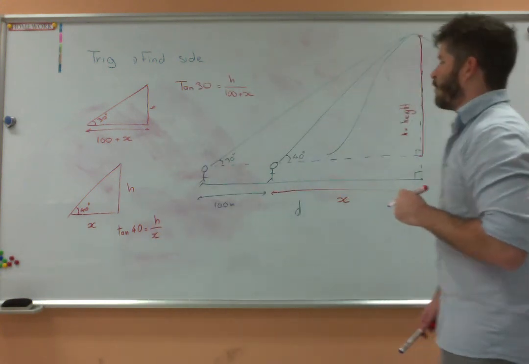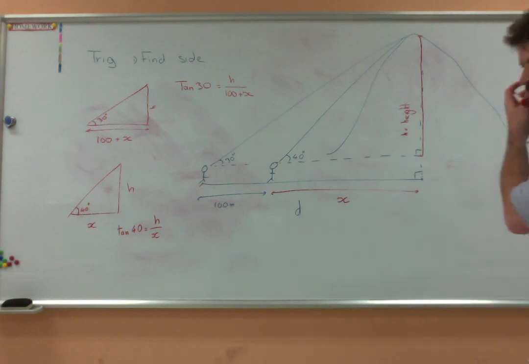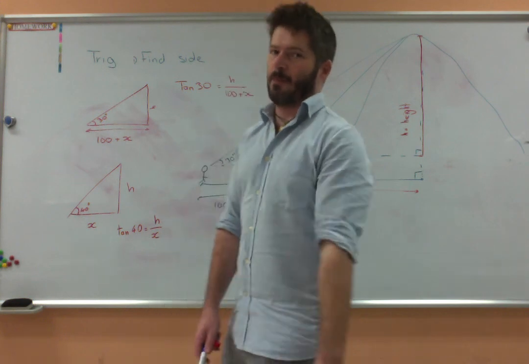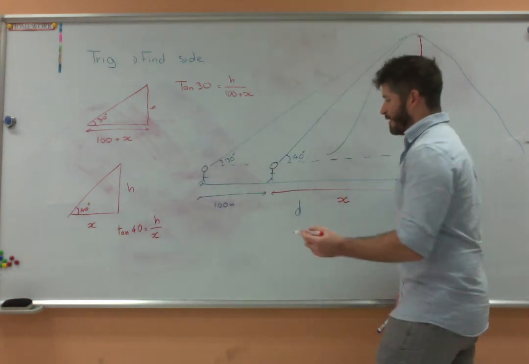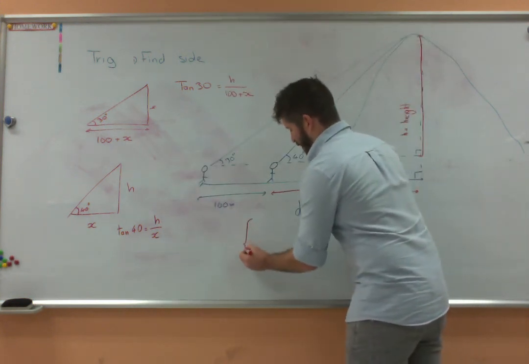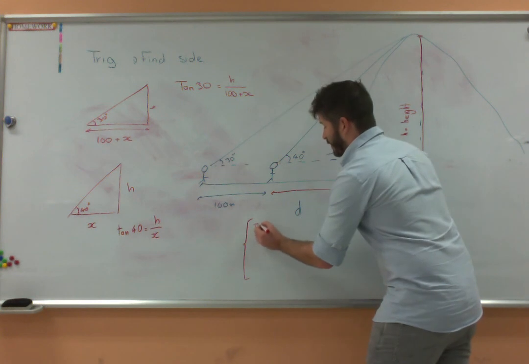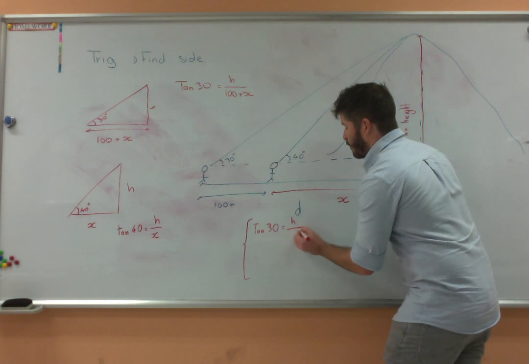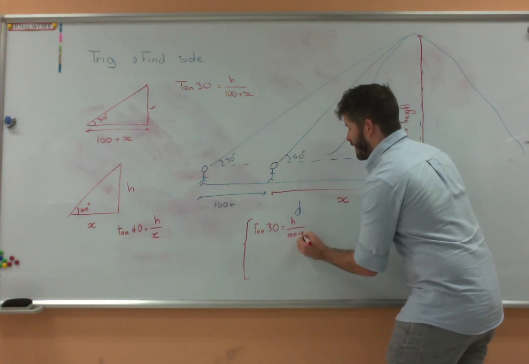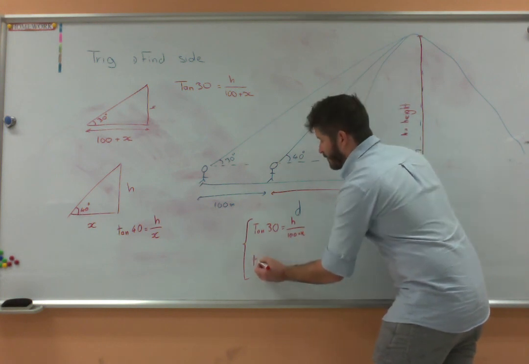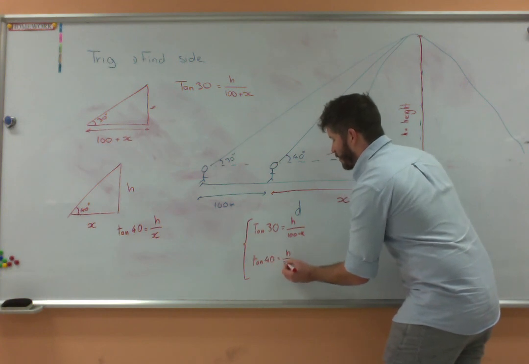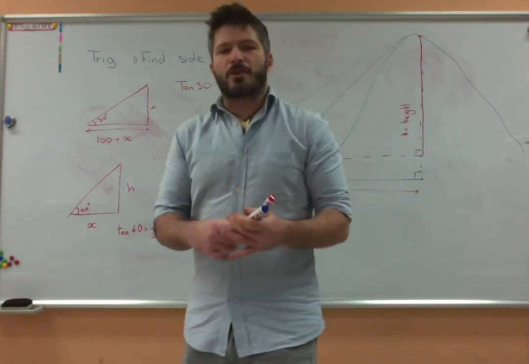Fascinating. So what could we say about this whole thing? Well, I don't want to go too far with this because I do want you to think a little bit about it, but let's write out the simultaneous equations that we have right now. Tangent 30 equals h over 100 plus x, and then tangent 40 is equal to h over x. Now, this is what you have to find.